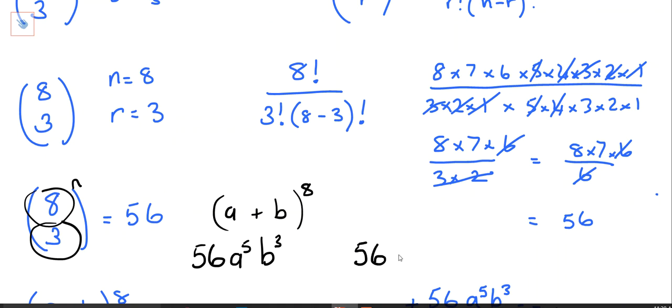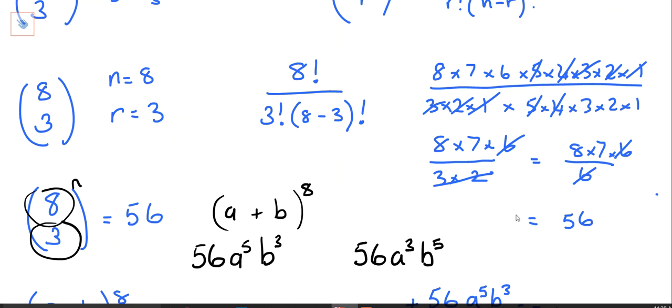But it'd be a to the power of what and b to the power of what? a to the power of 3, b to the power of 5. Exactly, because of that symmetry. Does that make sense to everyone? Because 8 choose 3 and 8 choose 5 are the same.